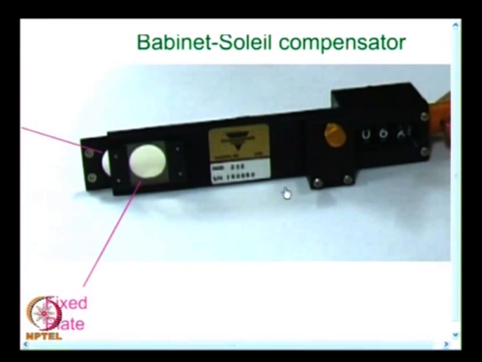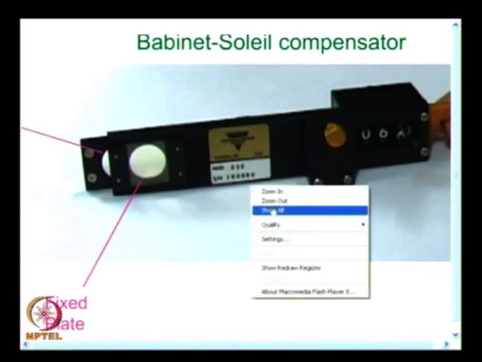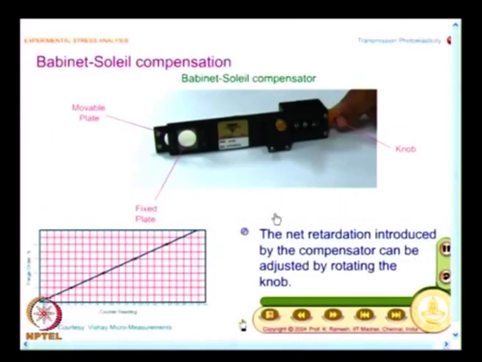This is from Vishay Measurements Group, and what you have here is two elements, one element is stationary, the other element moves. This can be rotated by rotating this knob and the counter value will change. You need not sketch this, you just observe this. Later I have a simpler sketch which you can note down.